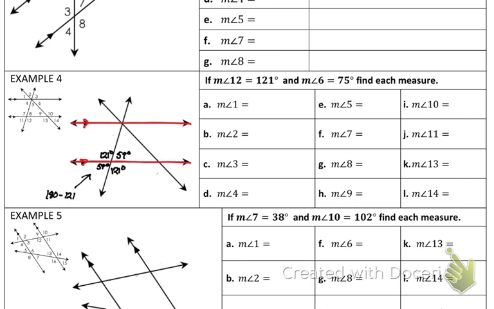Okay, we got to pay attention to this next part, okay? Can we look up here with me? Do you see this 121 here? Now, if I was going to use alternate interior angles, which I'm actually not going to use yet, okay? Guys, this is really important.